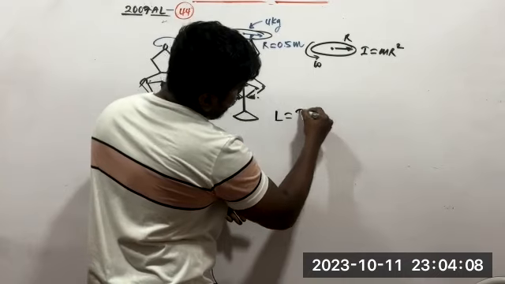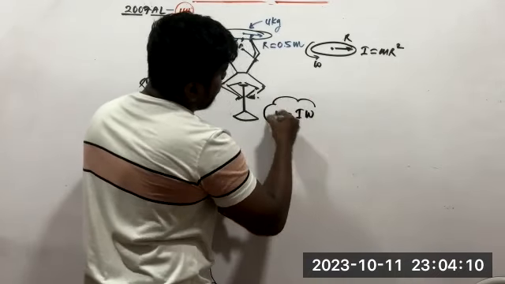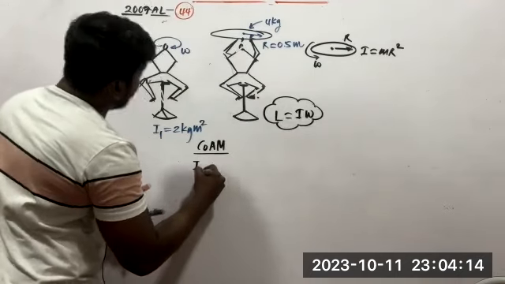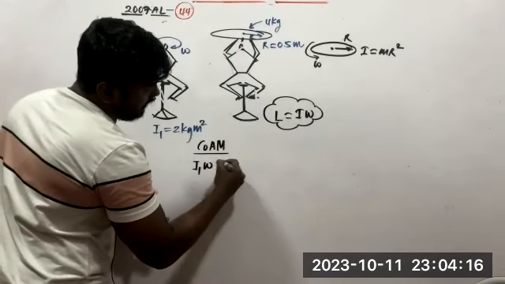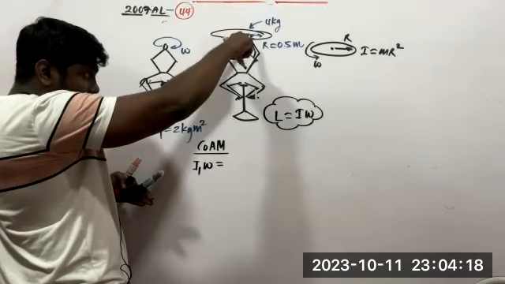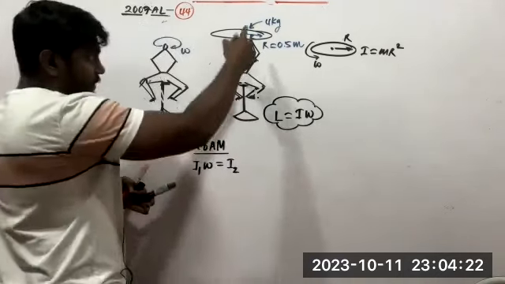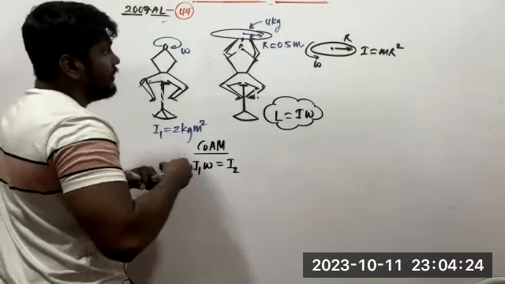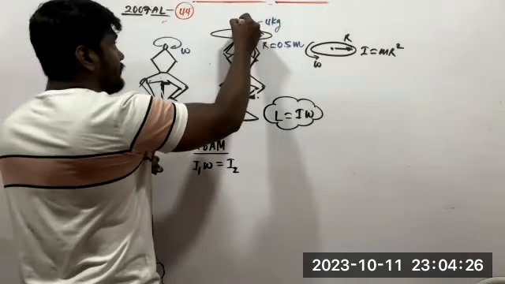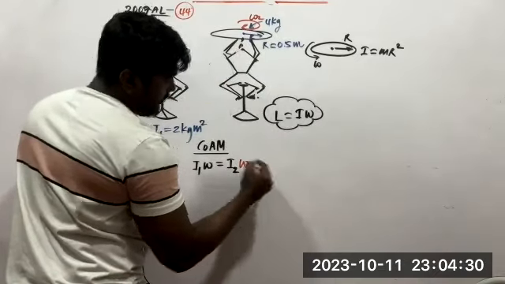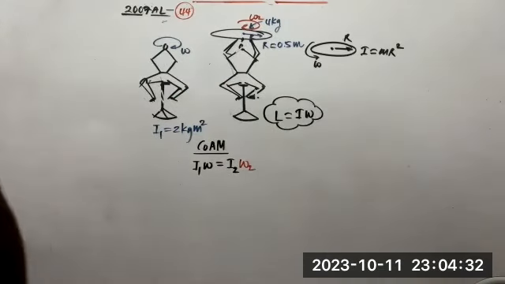Before: I1 omega 1. After, the total moment of inertia is I2 and the angular momentum is I2 omega 2. Then I should find omega 2, right?